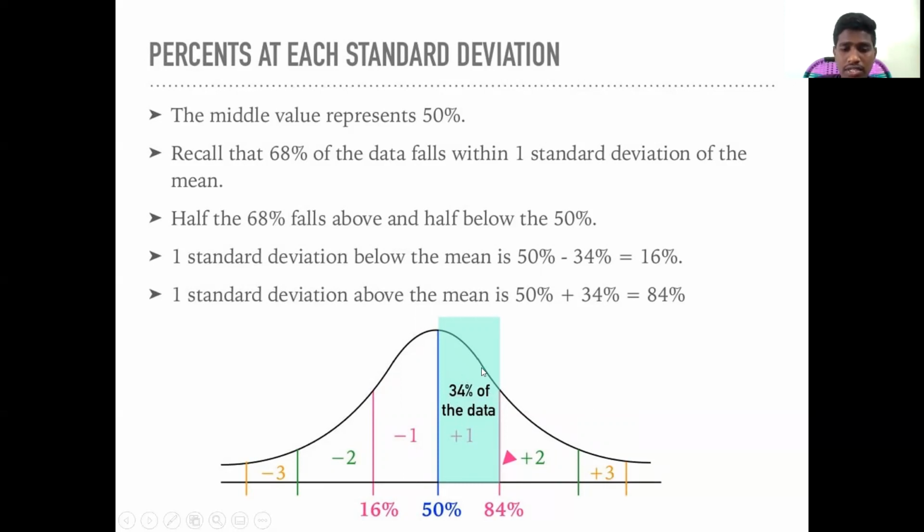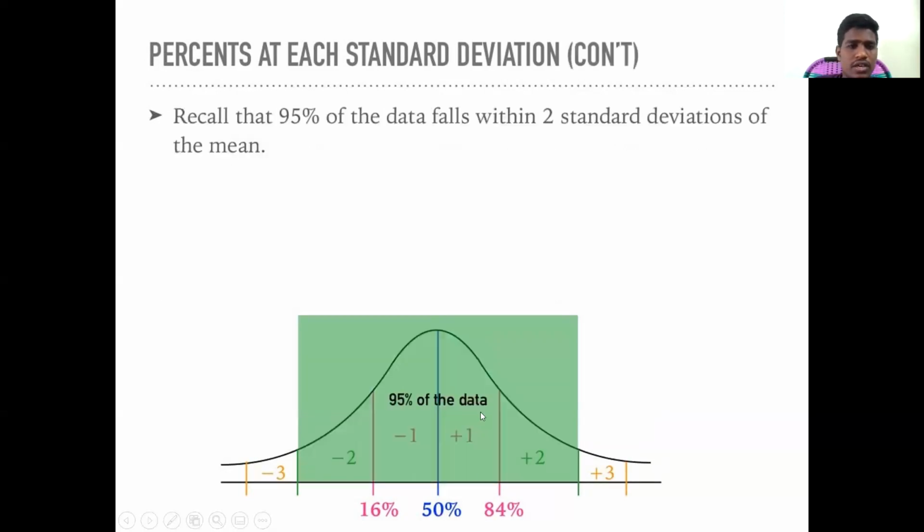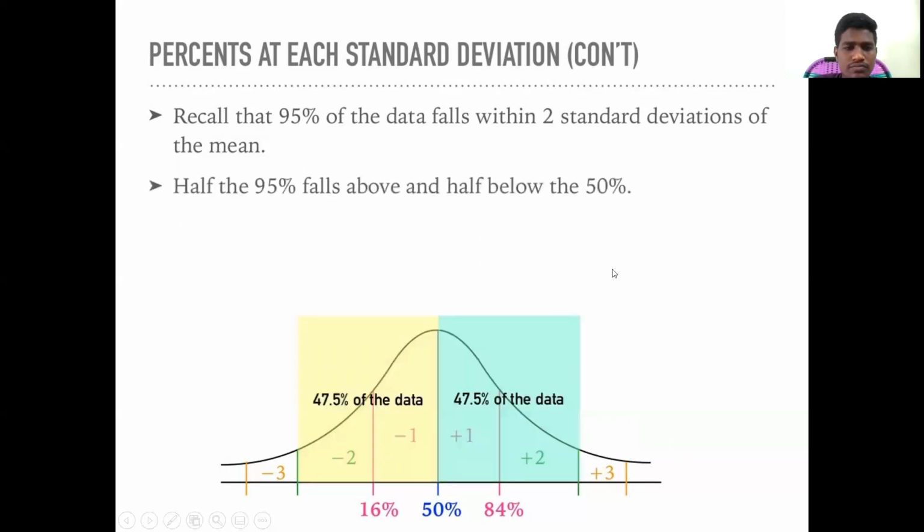The majority of the area is covered within +1. Recall that 95% of the data falls within 2 standard deviations of the mean, between -2 and +2. The remaining 5% lies beyond, at -3, -4 and +3, +4.